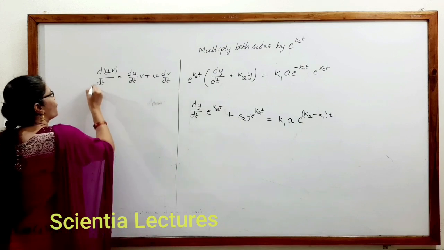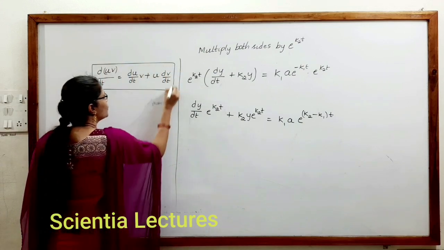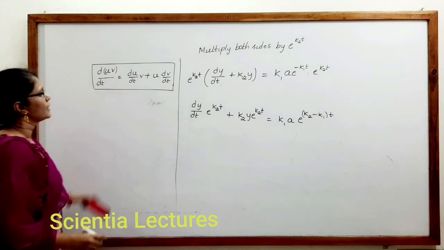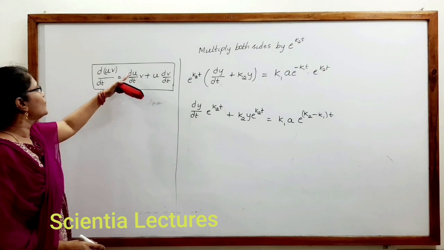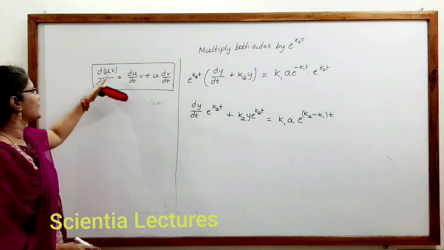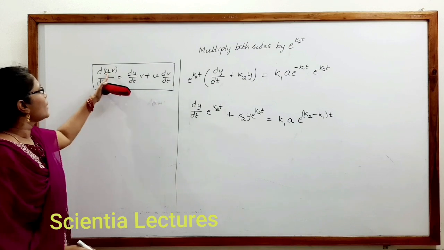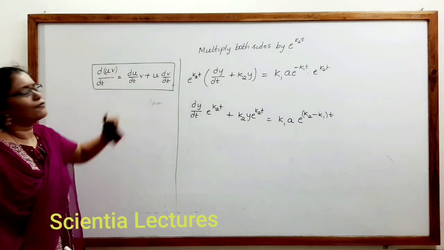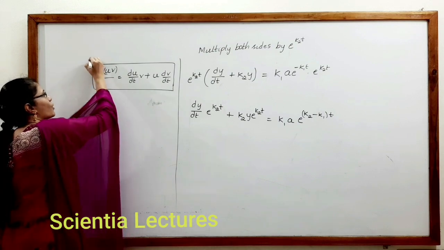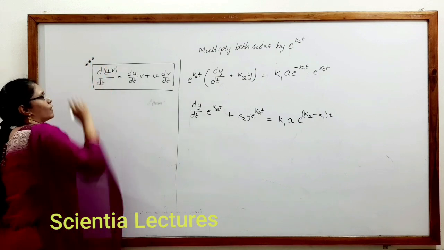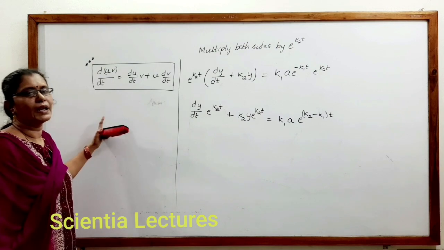This is the formula for the differentiation of two variables. First differentiate u with respect to t, keeping v as it is, then differentiate v with respect to t. This is a formula in mathematics for differentiating two variables.